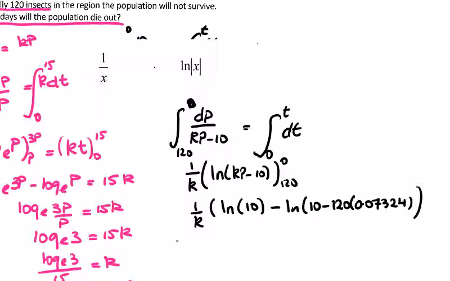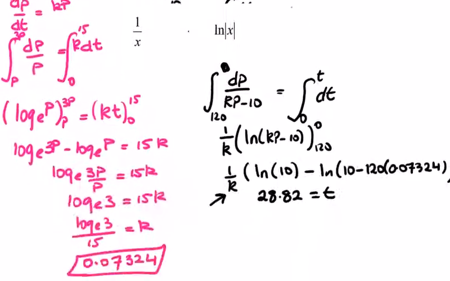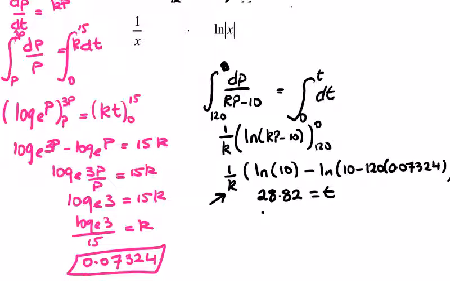And putting the same number in here, 1 over k gives 13.65 on my calculator. Multiplying the whole thing out gives me 28.82 for time. And that's after how many days? So we can say after 28.8 days, or after 29 full days, or on the 29th day, the population will be gone.